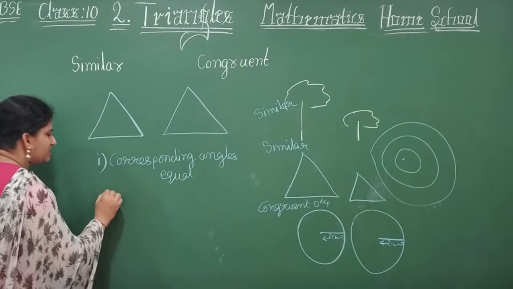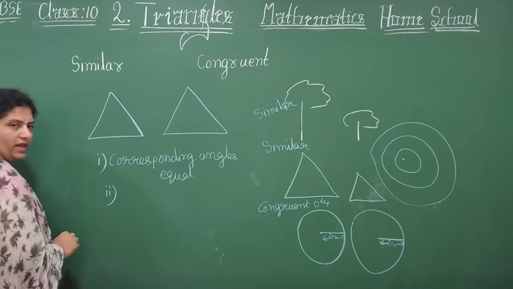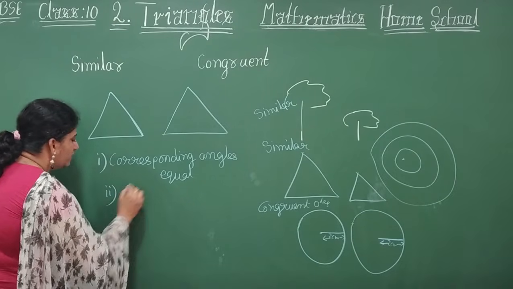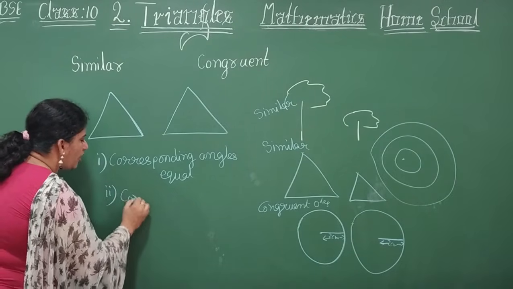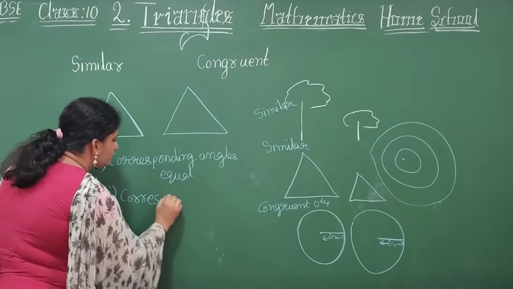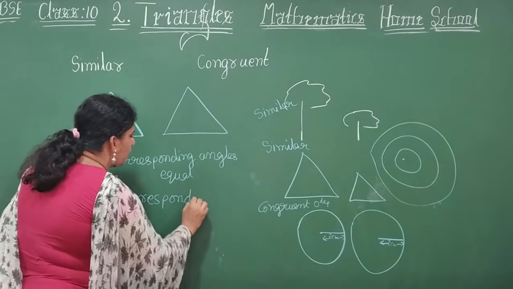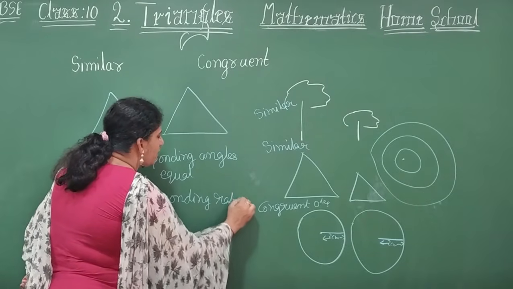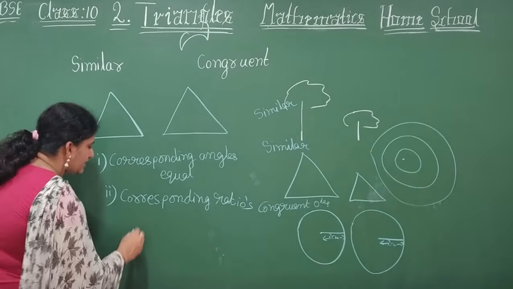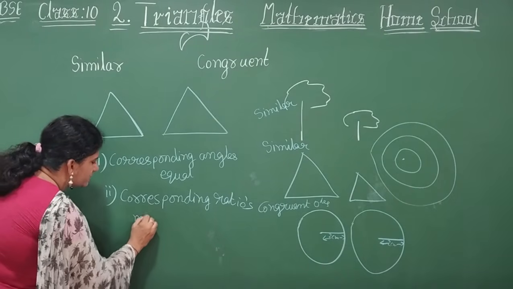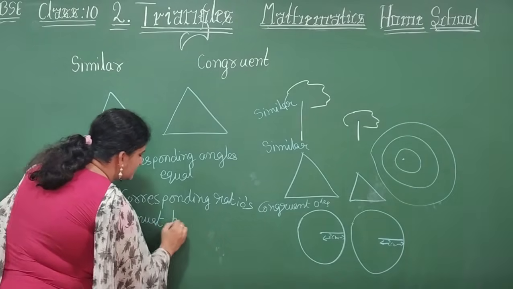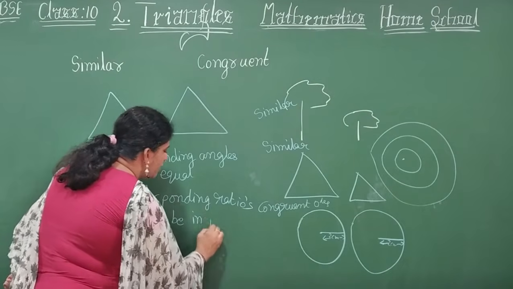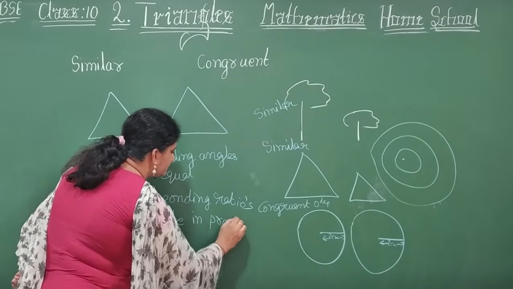Corresponding angles must be equal. And one more: the corresponding ratios must be in proportion.